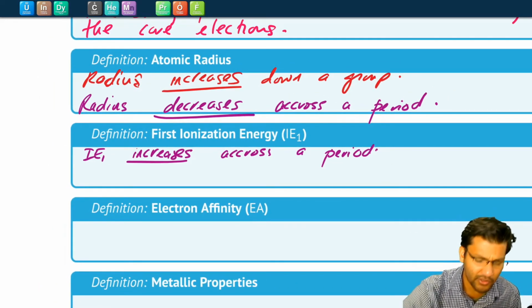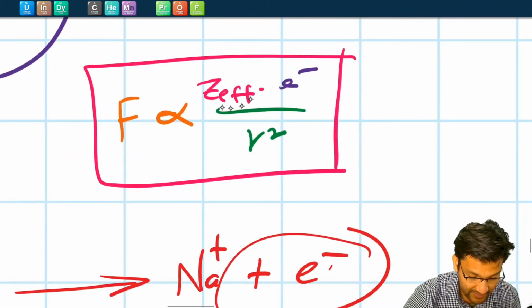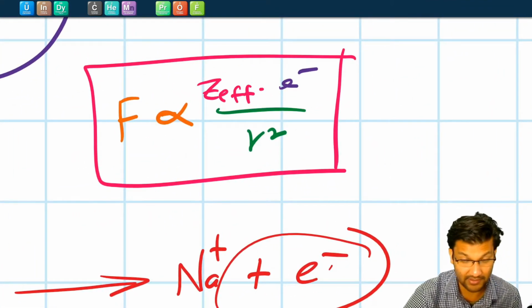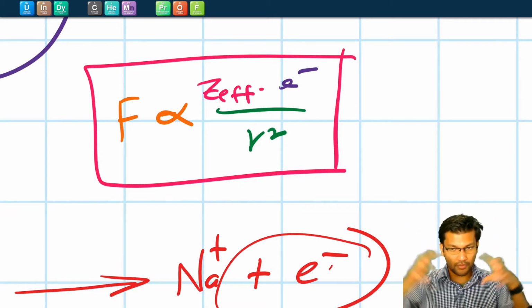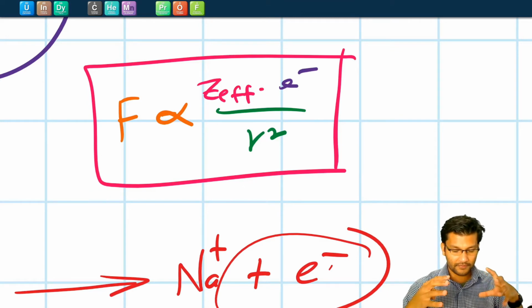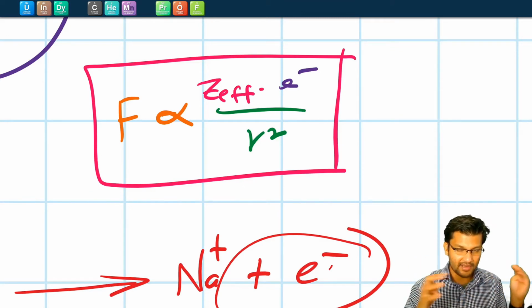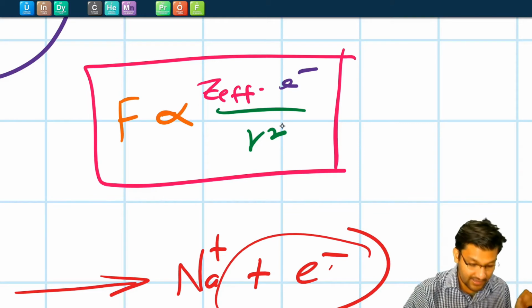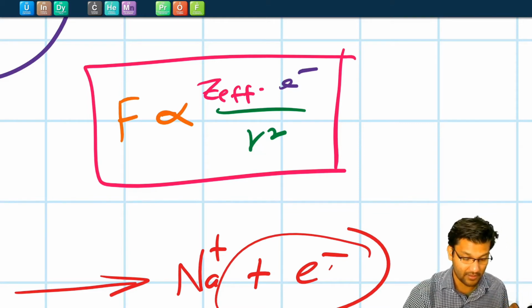But what happens when you go down a group? Well, when you go down a group, the effective nuclear charge actually stays the same, but the radius increases, because as you go down the group, you're adding more and more layers of electrons. So if R gets larger in this equation, the force pulling the outer electrons gets weaker, right?